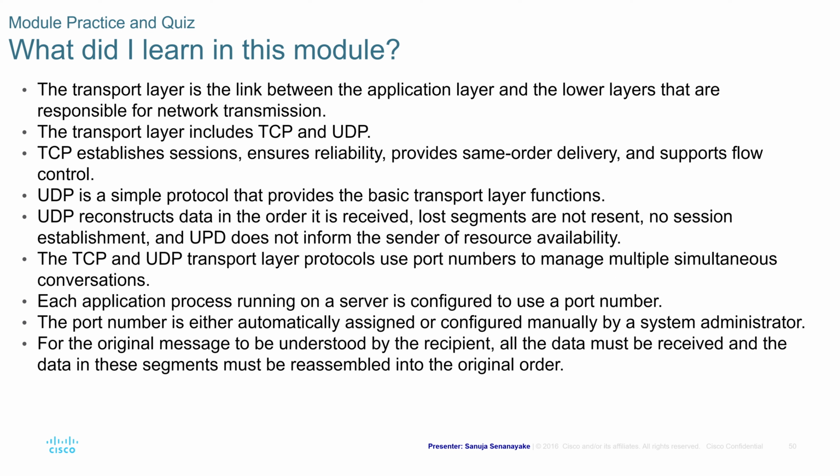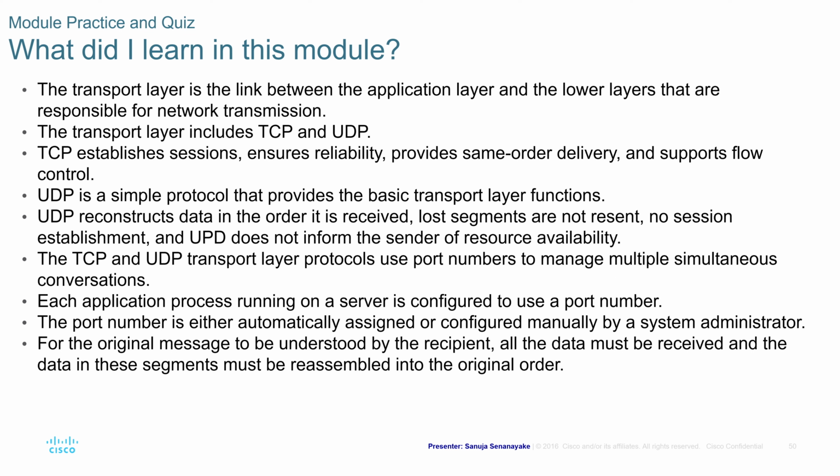UDP is a simple protocol that provides the basic transport layer functions. UDP reconstructs data in the order that it is received. Lost segments are not resent, there is no session establishment, and UDP does not inform the sender of resource availability.